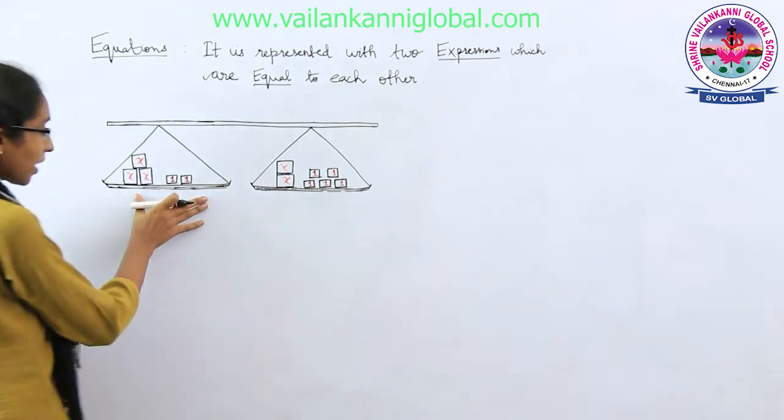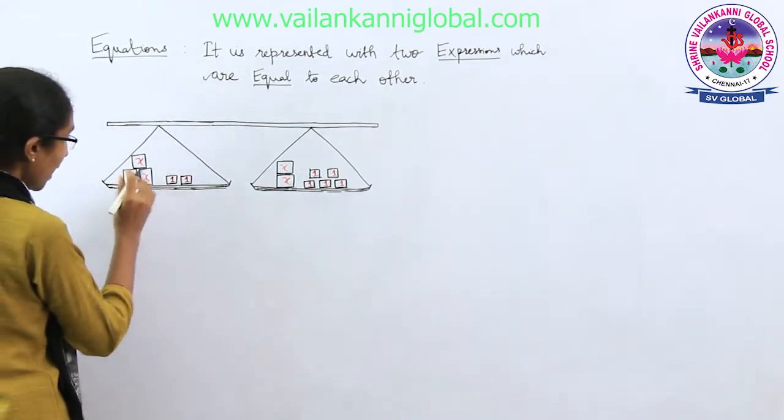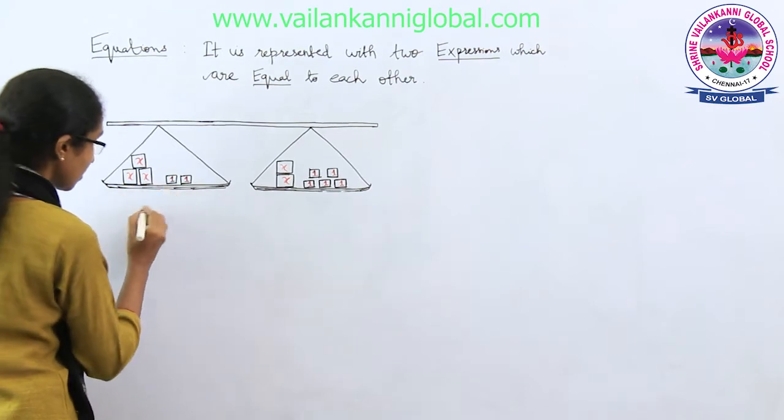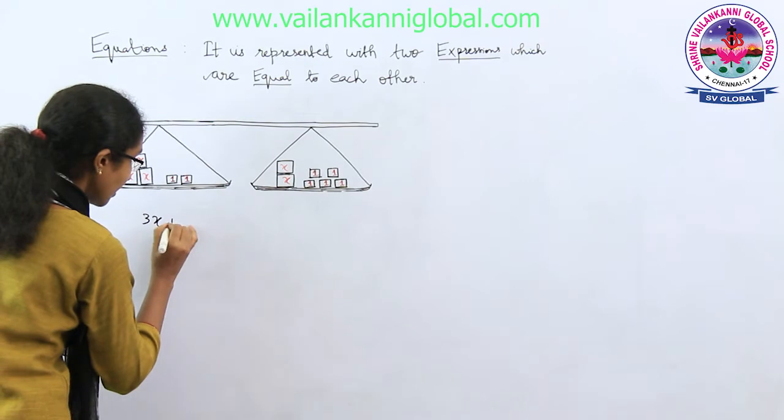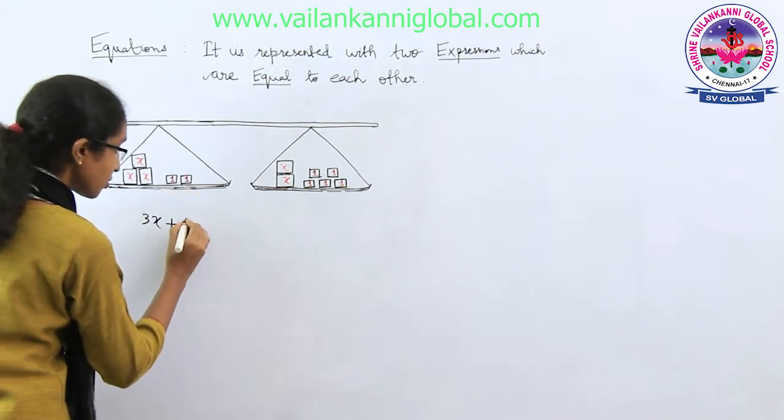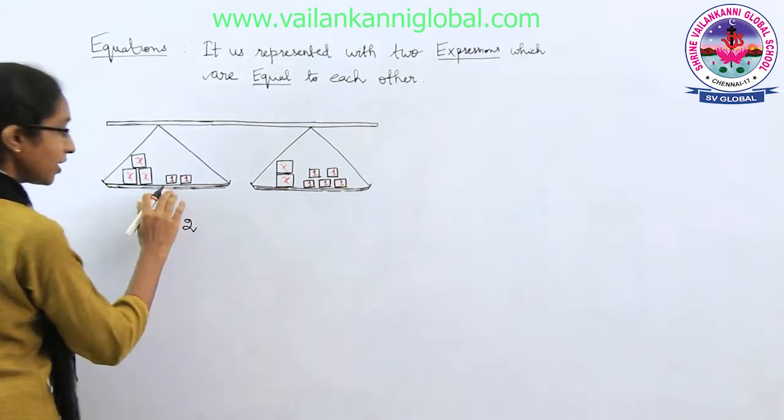So now look at the left side. We have 3 x boxes. So we write 3x added with 2 small boxes whose weight is 1 each.